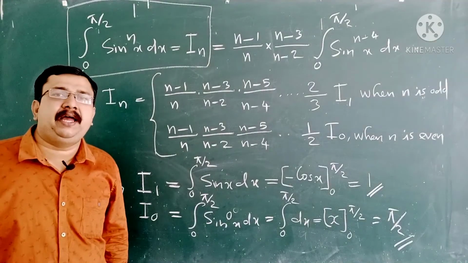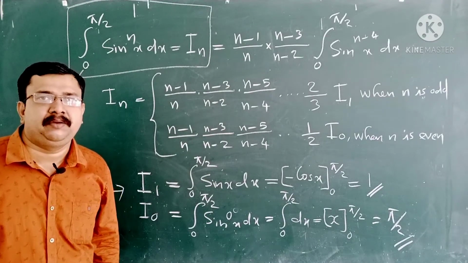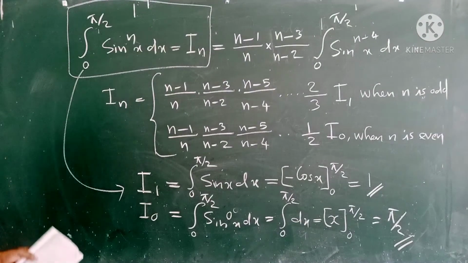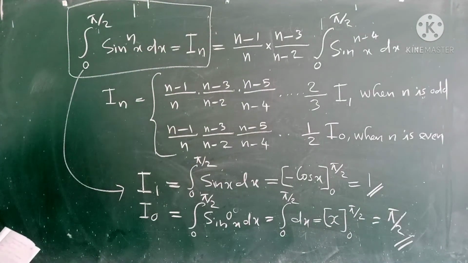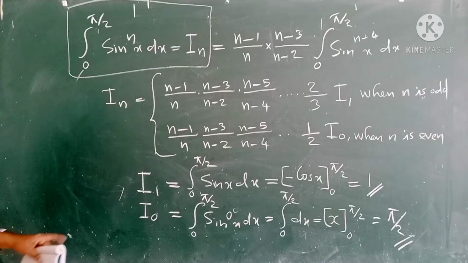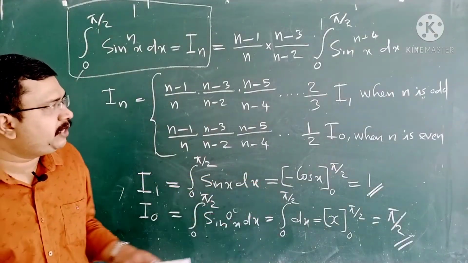Next, we can do a problem based on this reduction formula. We can solve a problem. Remember that I1 is 1 and I0 is pi by 2.